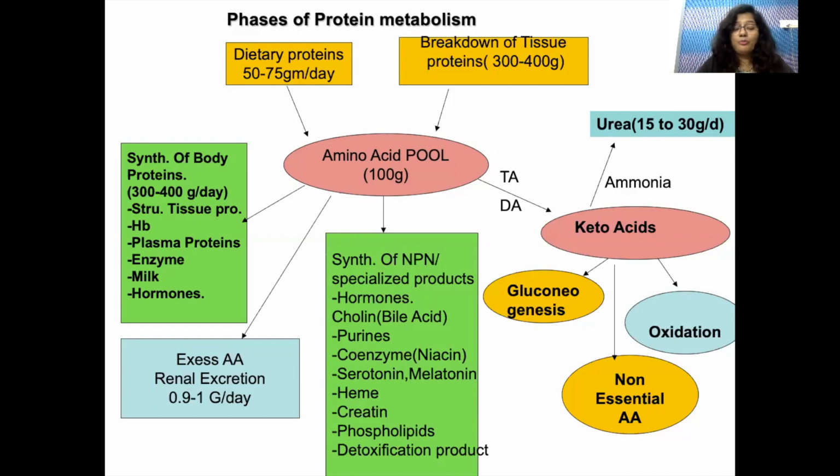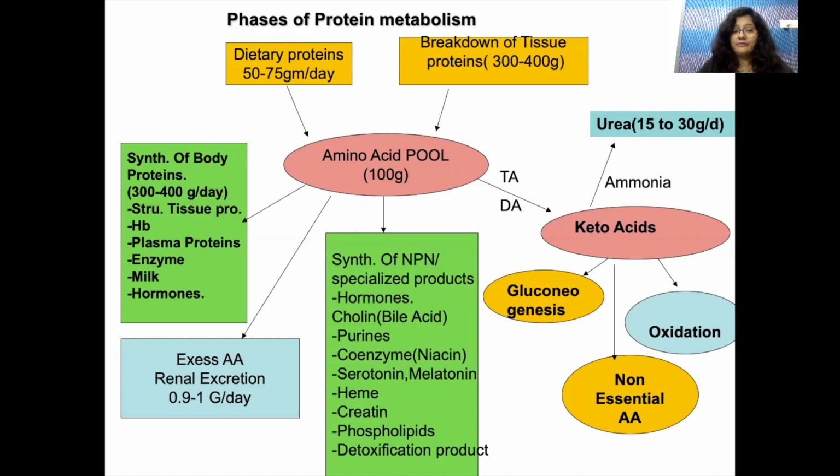Every day around 0.9 to 1 gram of amino acid is excreted, and this cannot be detected by the routine test we do for the detection of protein in urine. So these are the phases of protein metabolism.